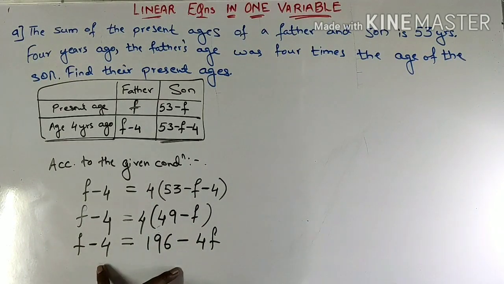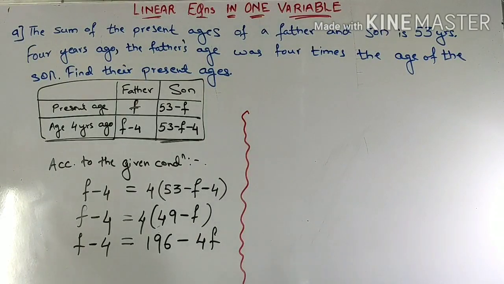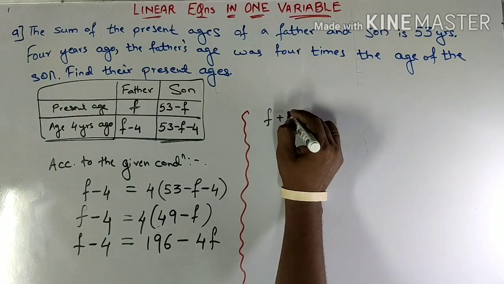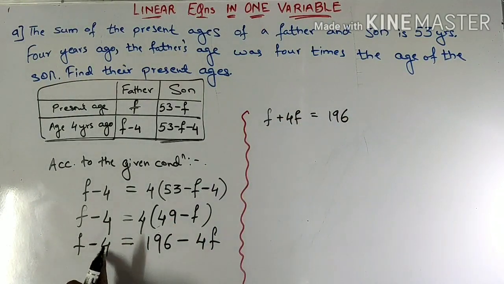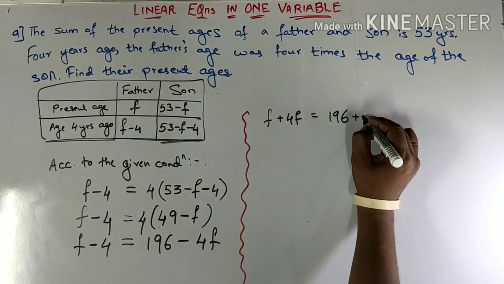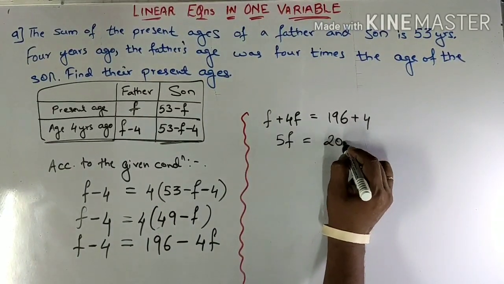Now we have simple terms on both the sides of the equal sign. So bring unknown on one side and known on the other side. This is negative, so if I bring it on the other side it will become positive. So f plus 4f is equal to 196. This minus 4 comes on the other side, becomes plus, 196 plus 4. So 5f is equal to 200.